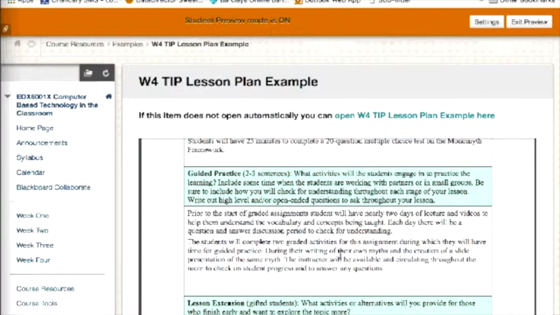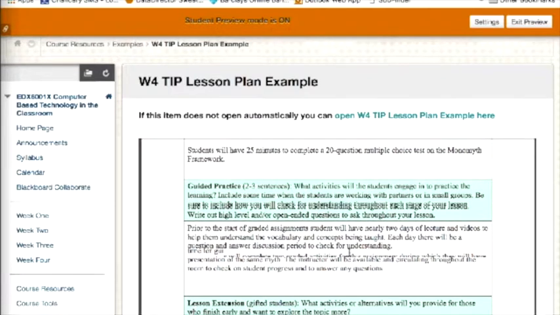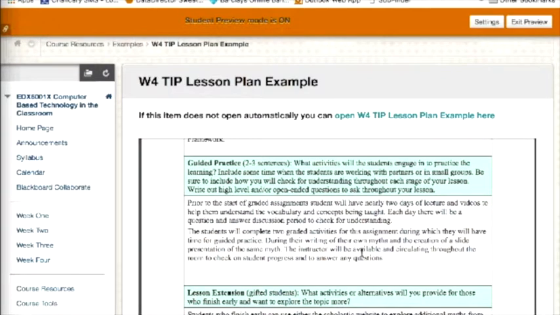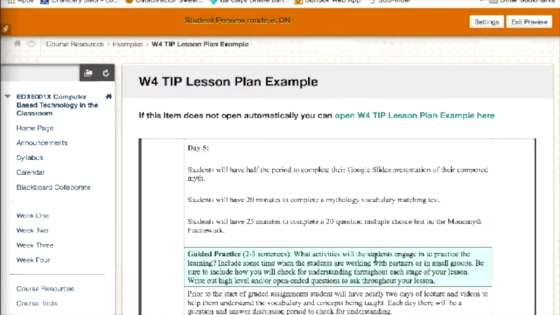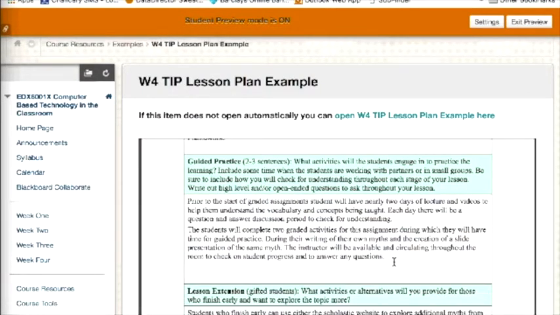Okay, the pedagogy, that's how you're going to teach the lesson, the how-to. That's where there's going to be a guided practice part. From our readings from weeks 1 and 2, we talked about the foundation of education technology, and the transition from the teacher being front and center, the sage on the stage, delivering all the information.